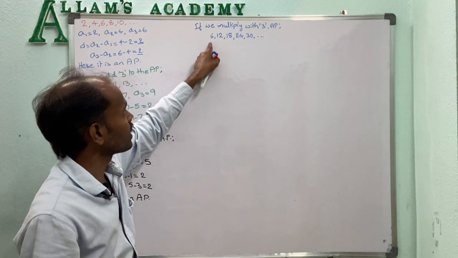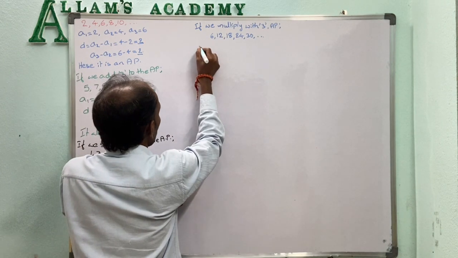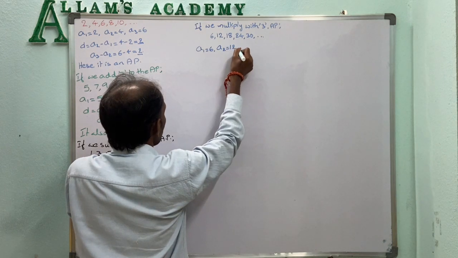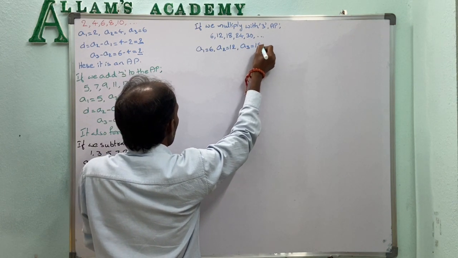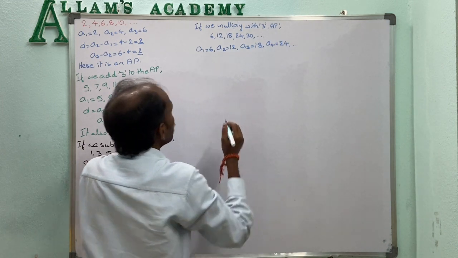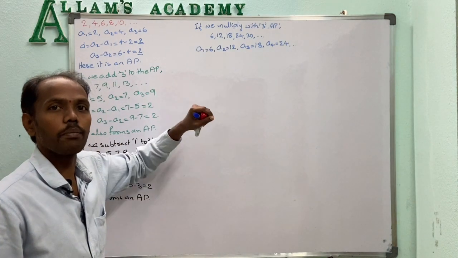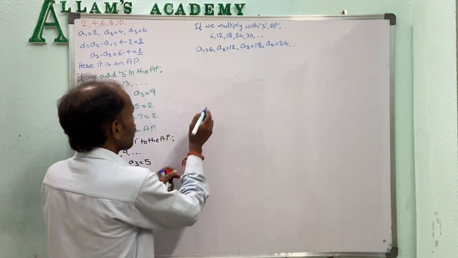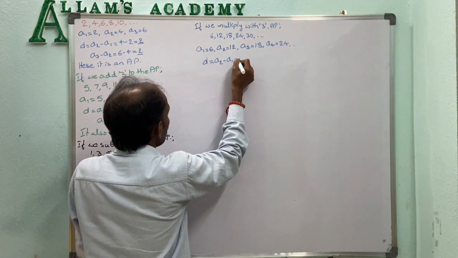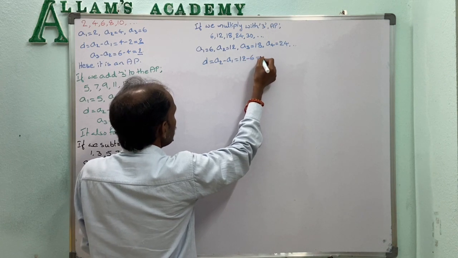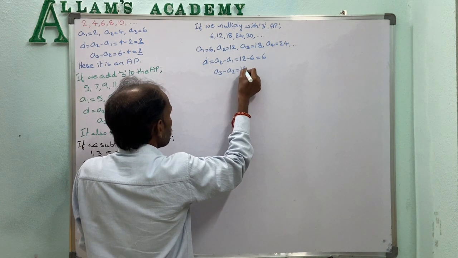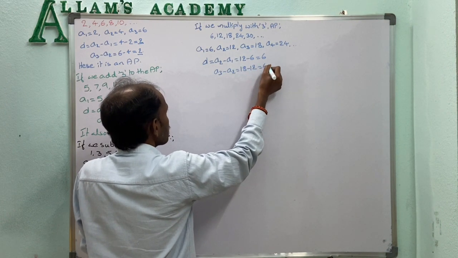Now for this series, the first term A1 is 6, the second term A2 is 12, the third term A3 is 18 and the fourth term A4 is 24, and so on. To see whether it is an AP, we find the common difference. D equals A2 minus A1, that is 12 minus 6, which is 6. A3 minus A2, 18 minus 12, is 6.